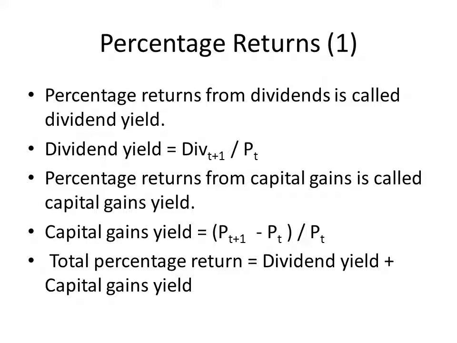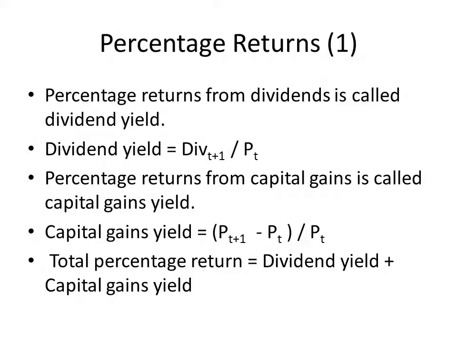And we calculate the dividend yield as the dividend at the end of the year divided by the price of the share at the beginning of the year. That's what Div sub t plus 1 means. Dividends a year from the time you purchase the stock. And P sub t is the price you pay for the stock.